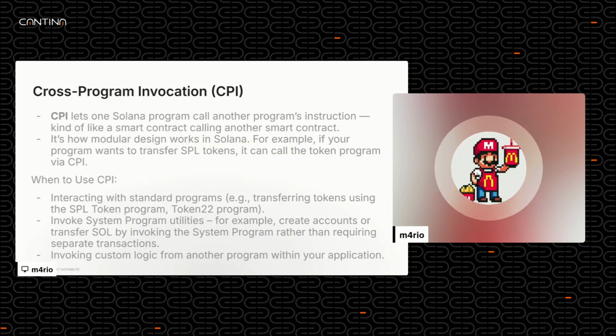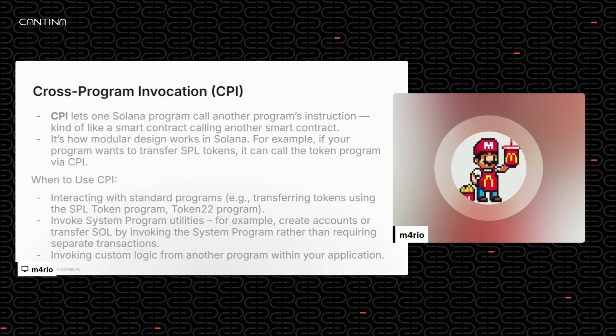Let's talk about another very powerful feature in Solana, and therefore also Anchor, which is CPI, cross-program invocation. These CPIs are basically a way for the programs to interact. A program is deployed individually, so it does not have a way to call other programs without specifying that in the code.